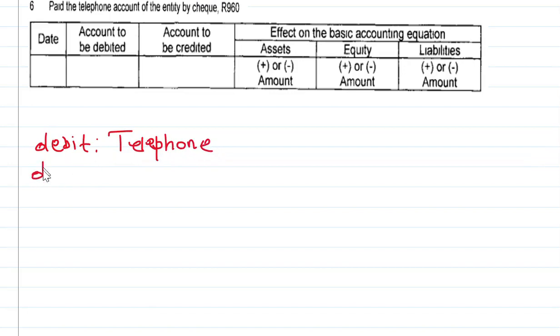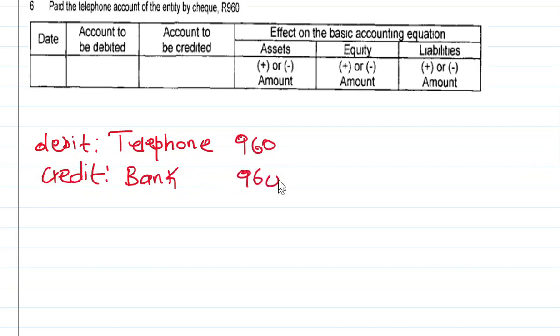We are going to credit bank. Bank must be credited. The amount is 960.